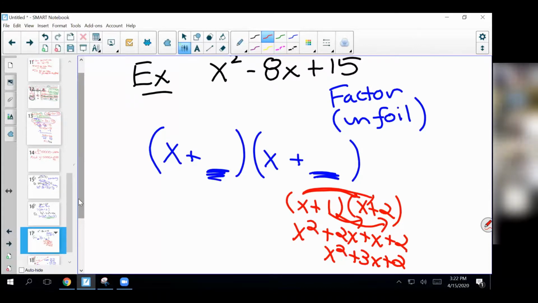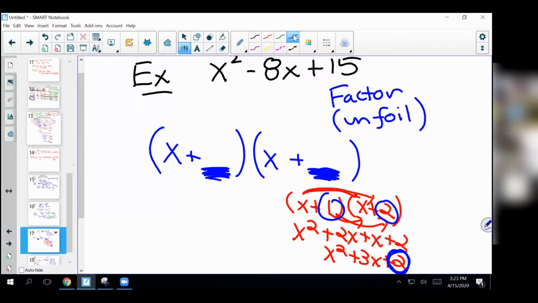Okay, so this red problem is a separate problem, but it is going to tell us what these two numbers are going to be doing. These two numbers multiply to get the constant term of our quadratic, which is just the name for the number at the end. And they add to get this 3, right? So that's exactly how we're going to figure this out.